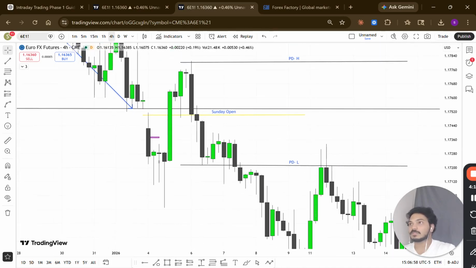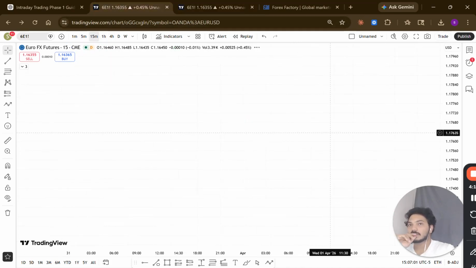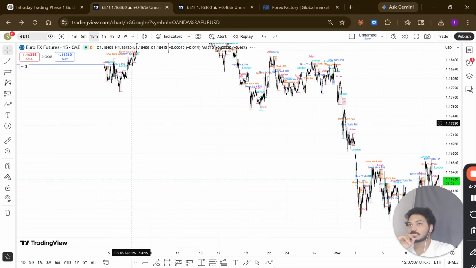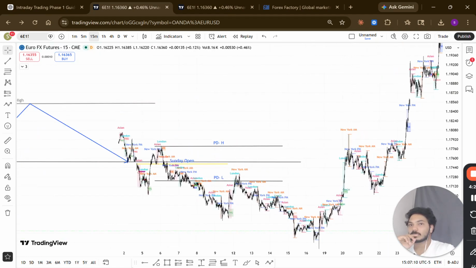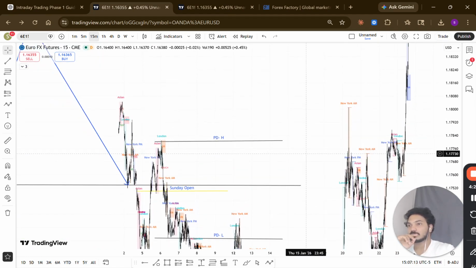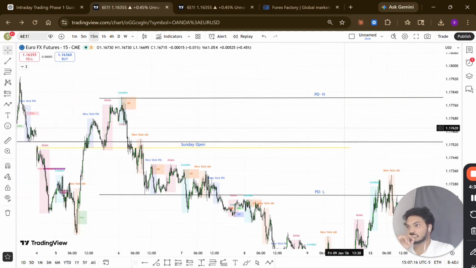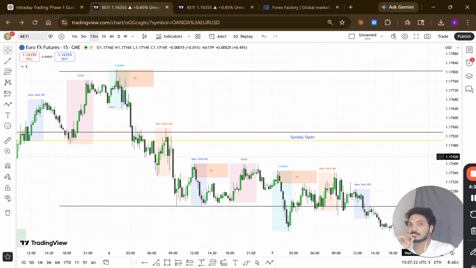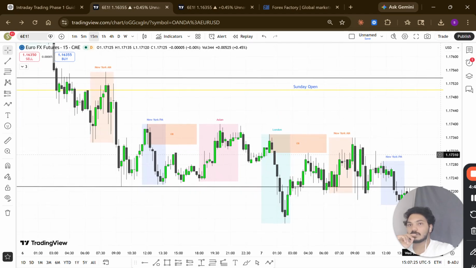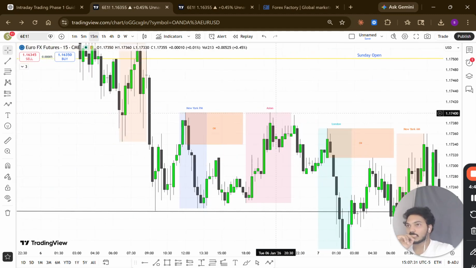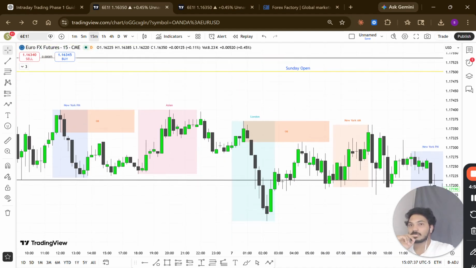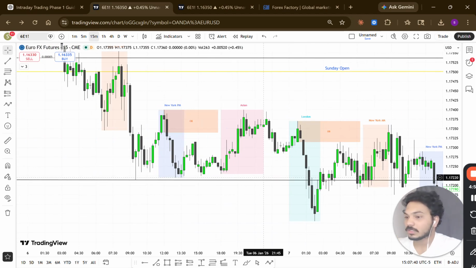Let's now see the Asian range on the 15 minutes. This is our Asian open, and this will be the previous day low.